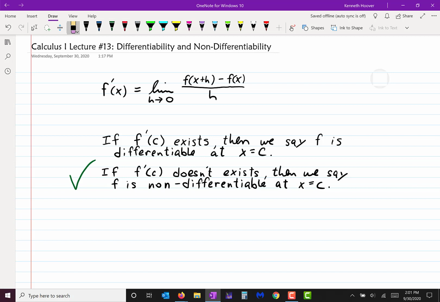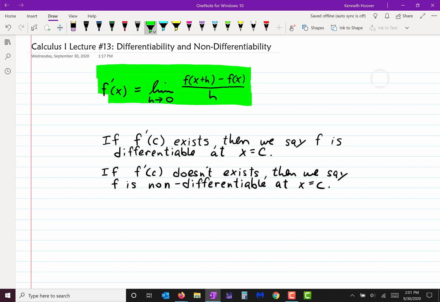Now in order to do that, I want to introduce you to an alternative way of writing the derivative. This is what I wrote down as the definition of f prime. There's another way of writing it that's very common, sometimes more helpful, so I want to show you the other way of writing f prime as well.